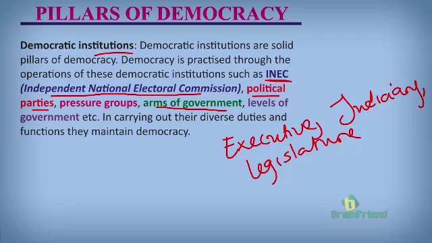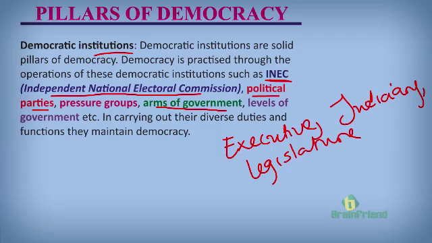This means that one arm of government can check the other arm. For example, the executive, which is the president, is checked by the judiciary. Assuming he is going against the constitution, doing things that are outside the law, he could be called to order by the judiciary or by the legislature. The three arms of government check each other, and this checks and balance which is established helps to promote democracy in a country. It helps to keep democracy standing.